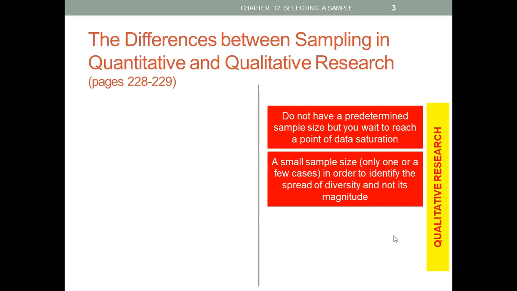A small sample size would be fine. Sometimes only one case or one participant is enough to satisfy her research objective, or talking to a few cases is enough, because her goal is to identify the spread of diversity and not its magnitude. What do we mean by spread of diversity?